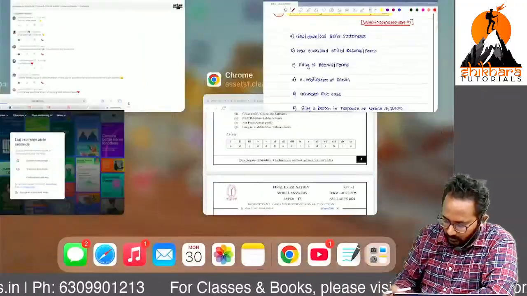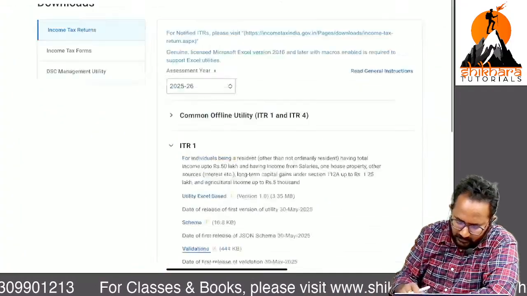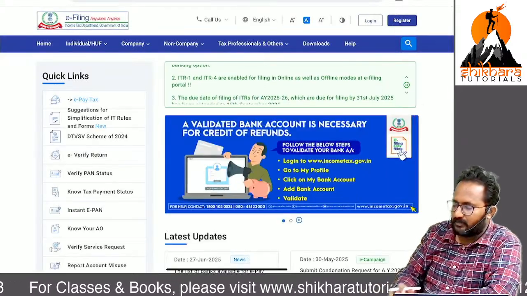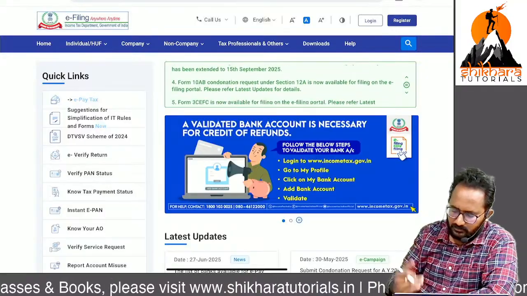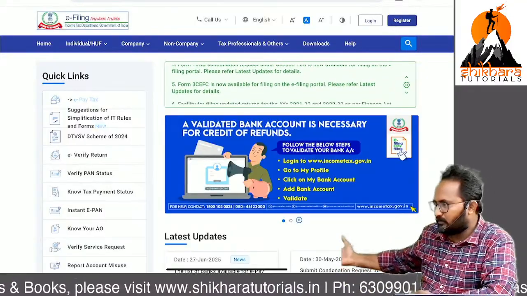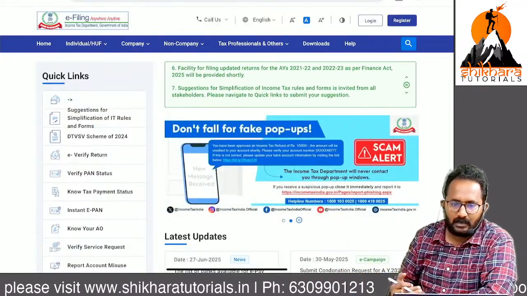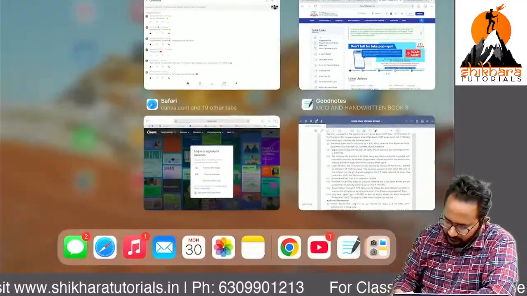If you go to this portal, you can log in. What functionalities are available? In this website, what details you will get and what benefits you will get, that is the next concept.